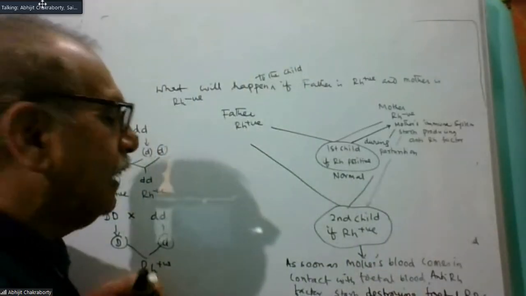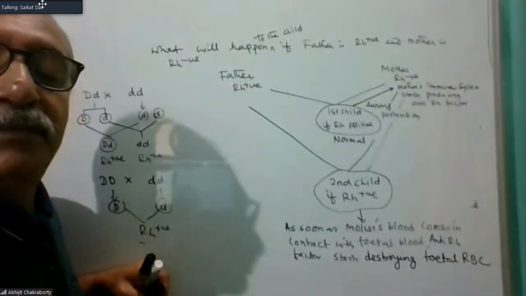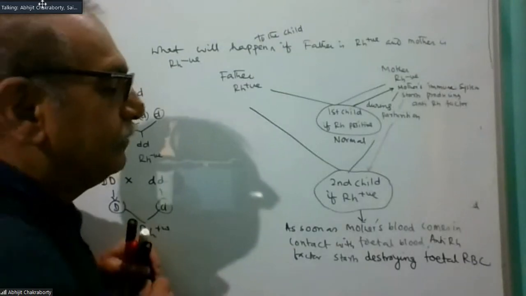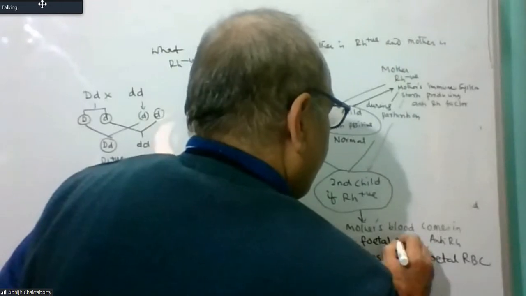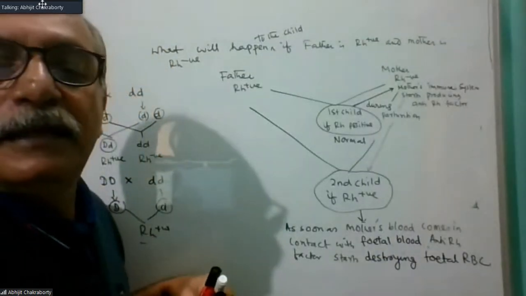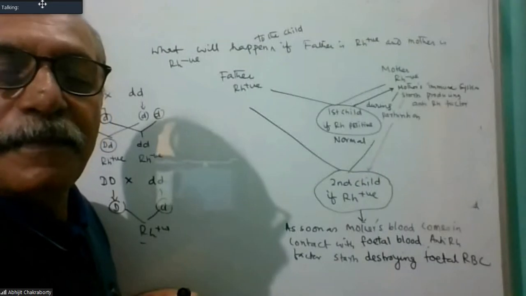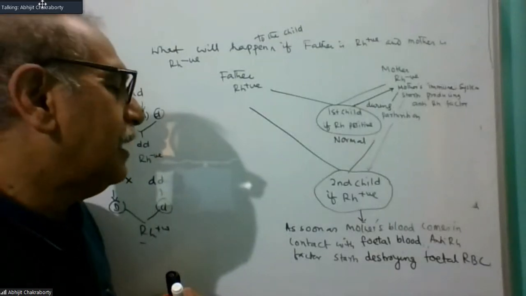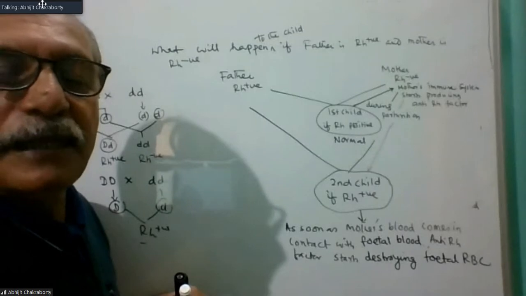As soon as the mother's blood comes in contact with fetal blood, anti-Rh factor starts destroying fetal RBC.